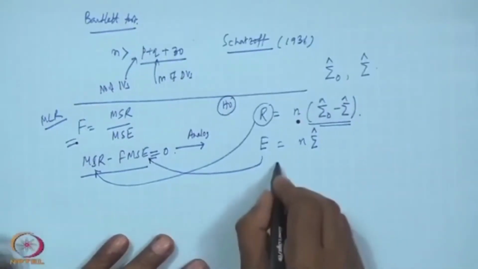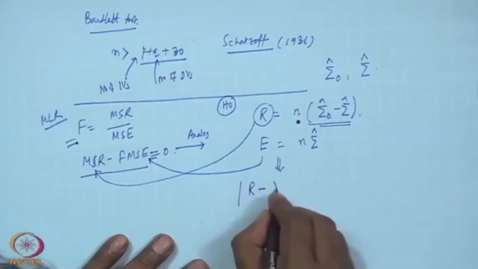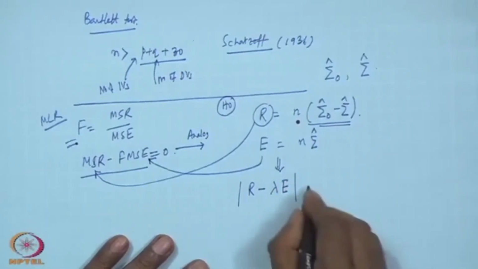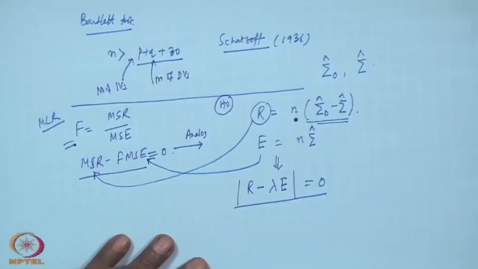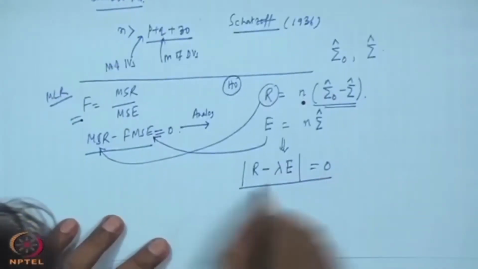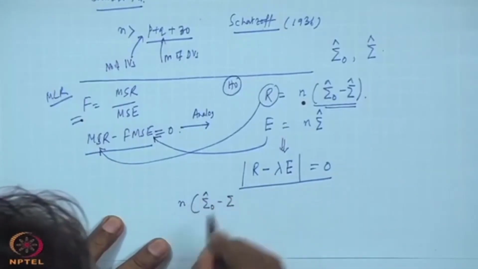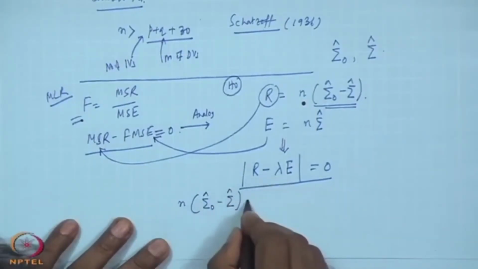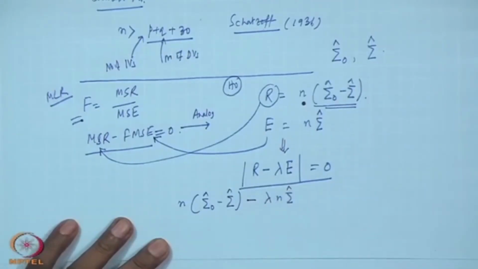So statisticians have developed that if you take this determinant equal to 0, then you will get very interesting roots, characteristics. What is this? If I write, it is nothing but n sigma 0 cap minus sigma cap, that is R, minus lambda n sigma cap.